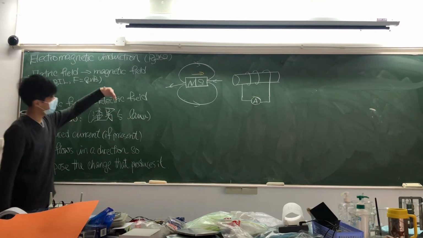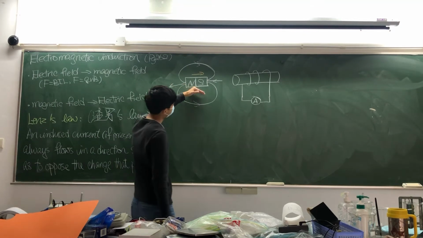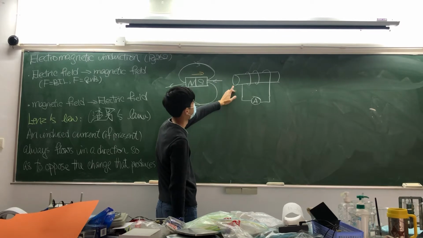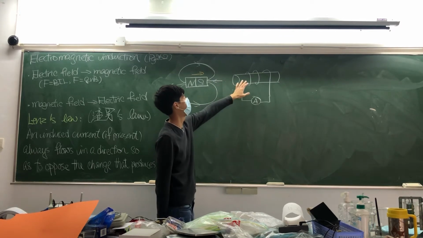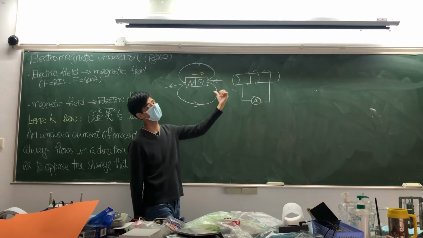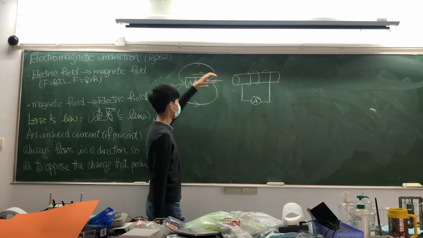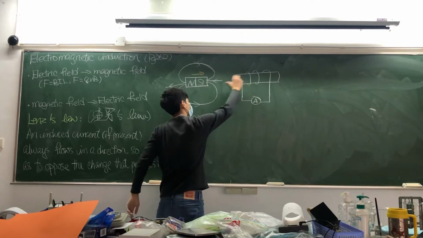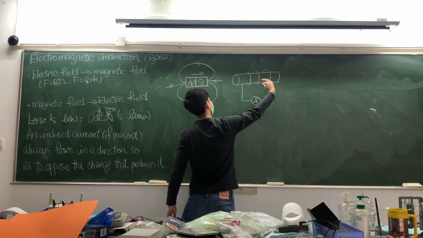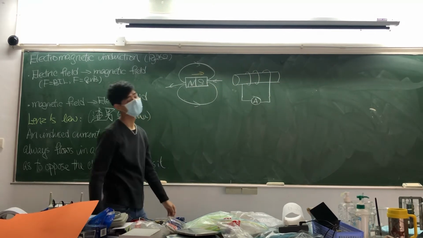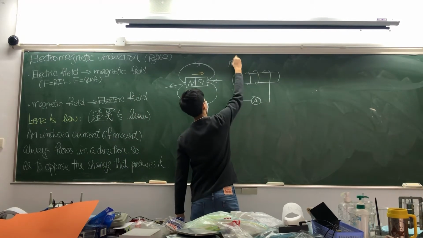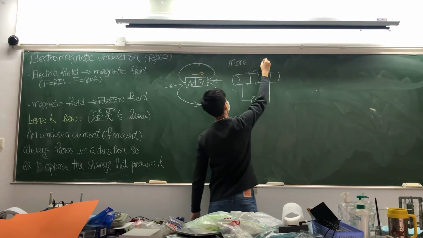Okay, so if this magnet is coming closer to this solenoid, then more and more field lines passing through this solenoid point to the left hand side, right? Because if the south pole is closer, then more field lines passing through this loop will point to the south pole. So in this case, more field lines point to the left hand side.